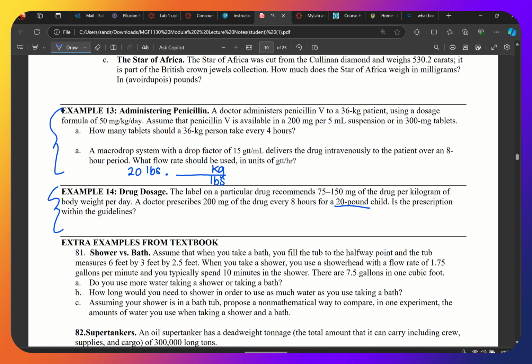I think it's 2.2 pounds in 1 kilogram, right? So the pounds cancel. This is 20 divided by 2.2. It's 9.09, so let's just do 9.1. We're going to round up. 9.1 kilograms.